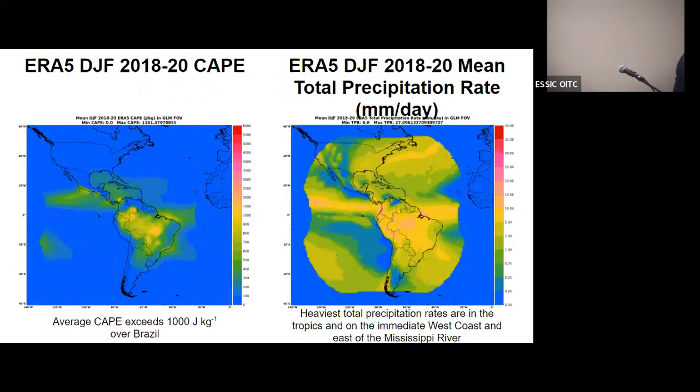So I pulled in ERA5 CAPE here, and also total precipitation. So we have average CAPE for December, January, February for that 2018 to 2020 period, over 1,000 over the Amazon, which you would expect that time of year. And you'd also expect this enhanced precipitation there, with precipitation rates exceeding 10 millimeters per day.